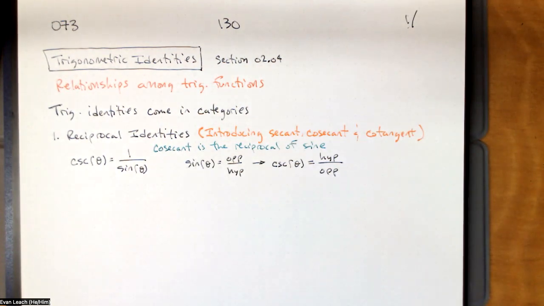Reciprocal just means flip the fraction over. Reciprocal is a word for multiplicative inverse. It's what you multiply by to end up at the multiplicative identity.